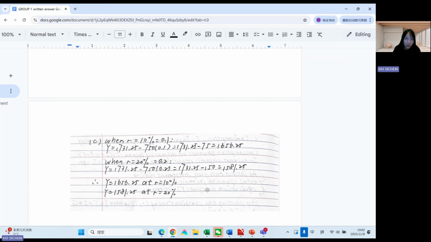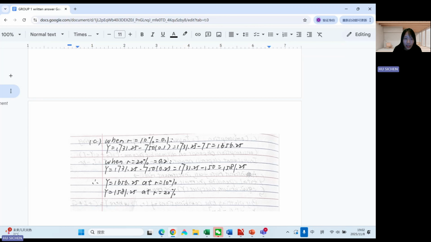If R equals 20% equals 0.2, we substitute 0.2 into this equation, then we get the final answer 1,581.25.